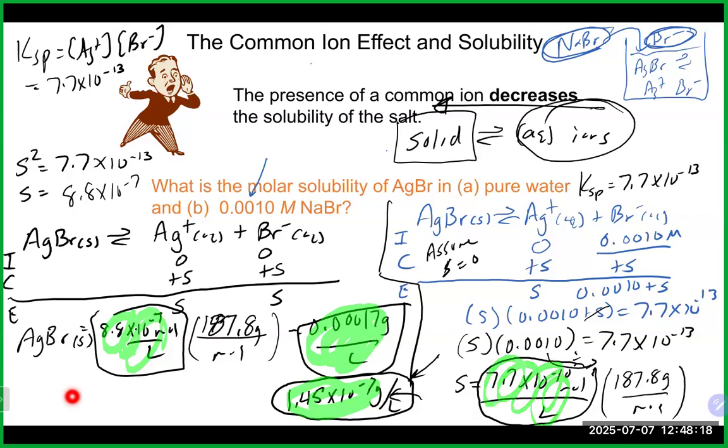We're much more soluble with water than in the presence of the common ion. Once again, the presence of this common ion here is going to cause the equilibrium to shift to the left. And that is what's going to keep that silver bromide together and lower its solubility than what you would see in water. So typically speaking, if you have a common ion, it is typically going to be less soluble than it would be in water by itself without the presence of that common ion.